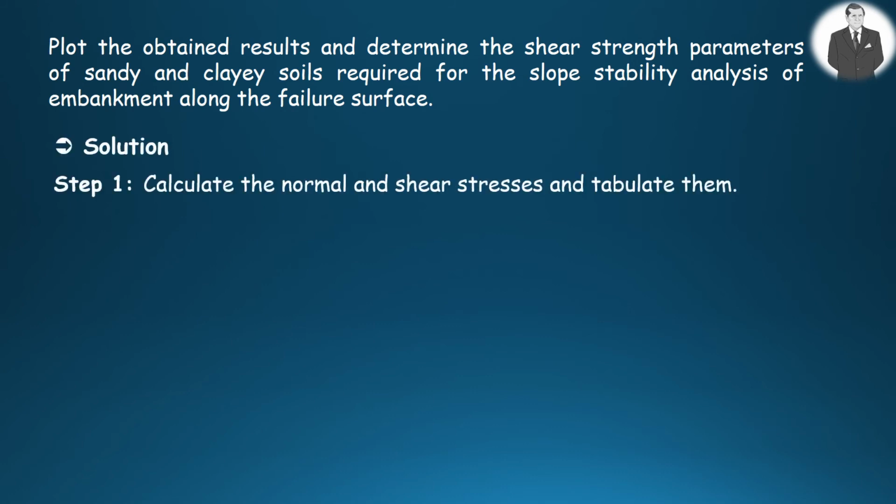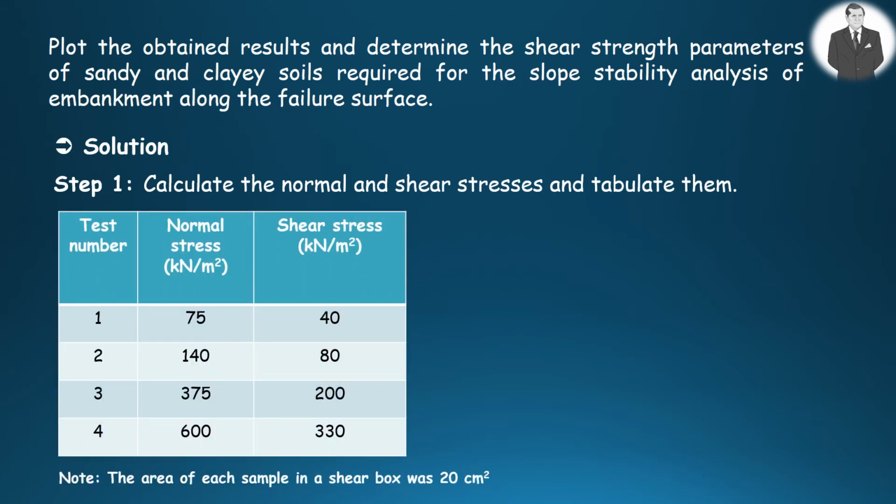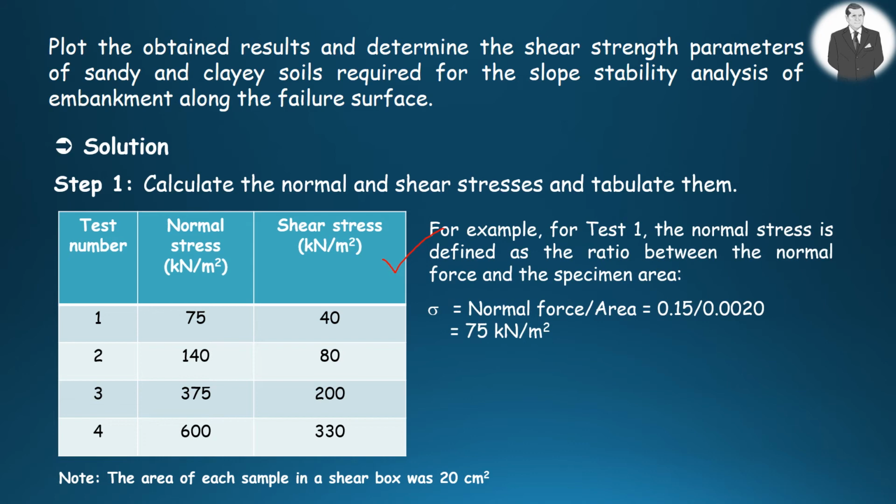In the solution of these problems, the first step is to compute the normal and shear stresses and tabulate them. This is already done for you as you see in the table, but I will show you how to calculate the normal and shear stresses. For example, for test 1, the normal stress is defined as the ratio between the normal force and the soil specimen area, which is equal to 75 kilonewton per square meter.